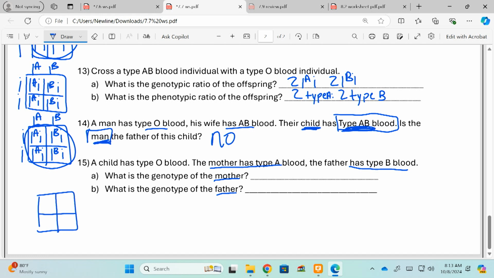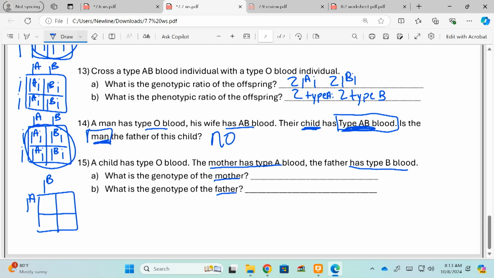I'll put the father up top. So the dad has type B blood. We know that he has to have at least that allele, but we don't really know what goes there, okay? Same thing for the mother. We know that she has to have at least one of these because she has type A blood, but we don't really know what goes here, okay? And that's what we're trying to figure out, okay? So this is the only information that we are 100% sure of.